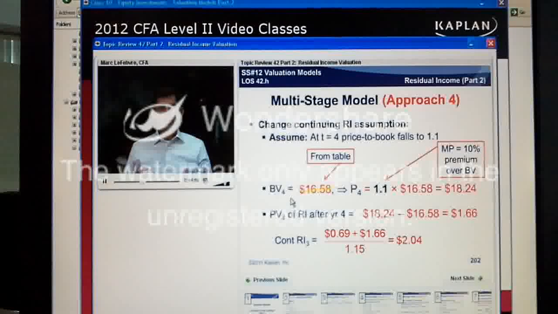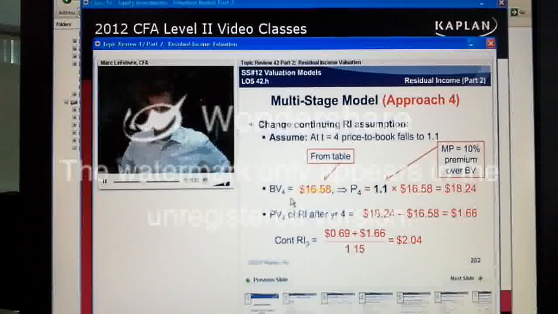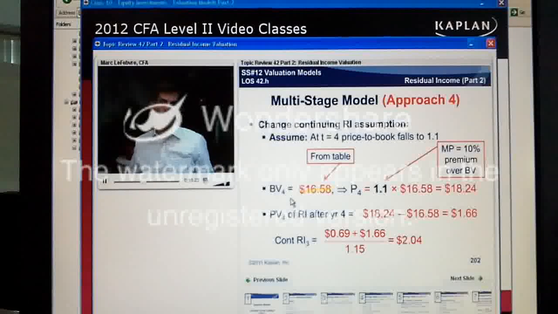So if we look at this, the residual income in year 4 is going to be a premium of the price over the book value. So how do we get there? Well, we know that book value in year 4 from the chart was $16.58. If we multiply that $16.58 by 1.1, we get a value of $18.24.